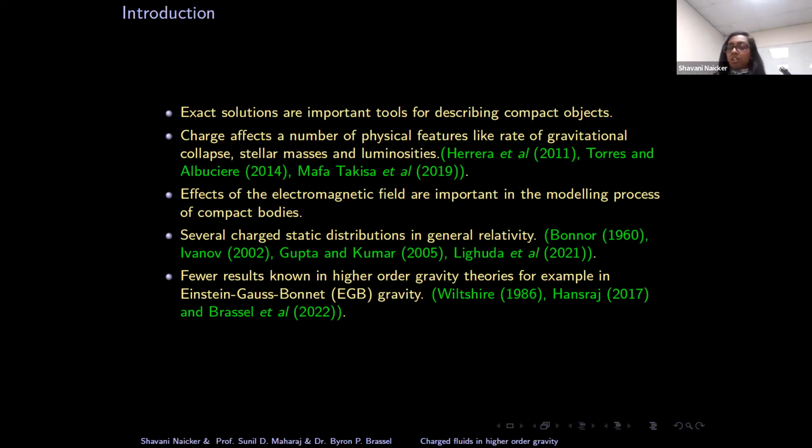Some interesting results are known from Wilshire 1986, the first higher dimensional charged analog of the Bonnet metric, and Hansraj 2017 investigated charged static models. Russell et al. 2022 investigated charged radiation collapse in higher dimensions in EGB gravity.